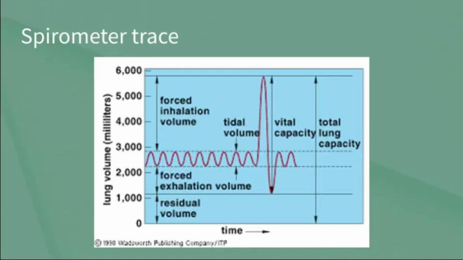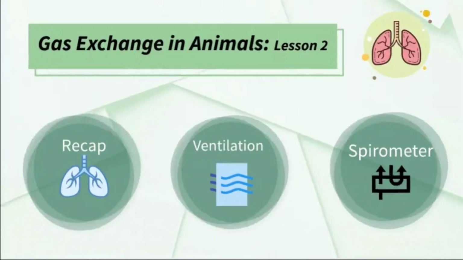So now, just putting this all together as a recap. I want you to imagine what is going on in terms of the intercostal muscles and the diaphragm at each inhalation and expiration when you look at these peaks going in and out. So inhalation, the peak is going up, we're breathing in, air reaches our alveoli, the external intercostal muscles contract, the internal intercostal muscles relax, and as a result, this causes the ribs to raise up and out.